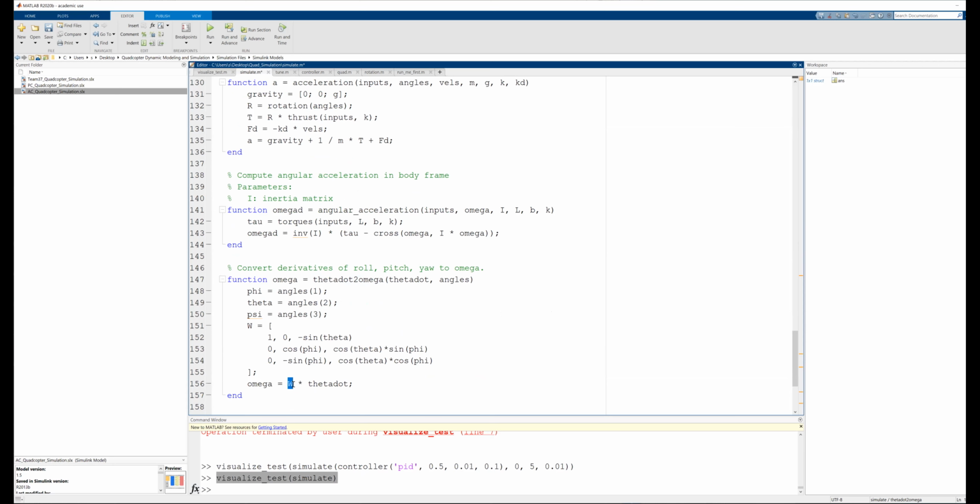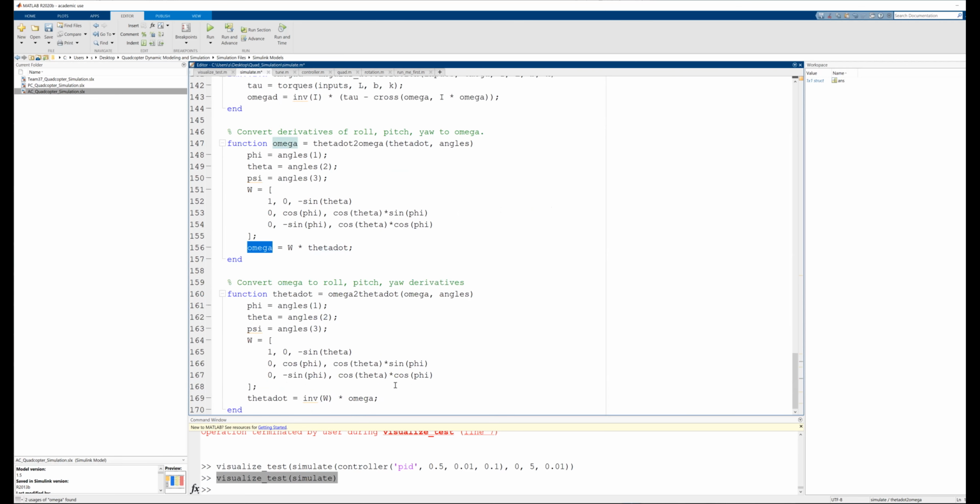Omega is equal to W theta dot. So theta dot, and you have omega dot. Thetas are in body frame, omegas are in inertial frame. Okay, before I run the code, any questions related to the code? Can you see that the 12 equations that we just talked about are implemented here?